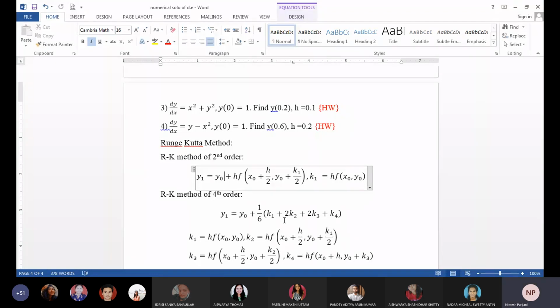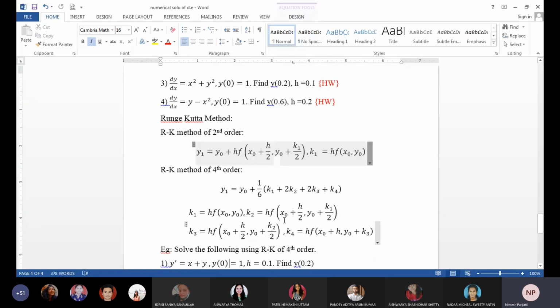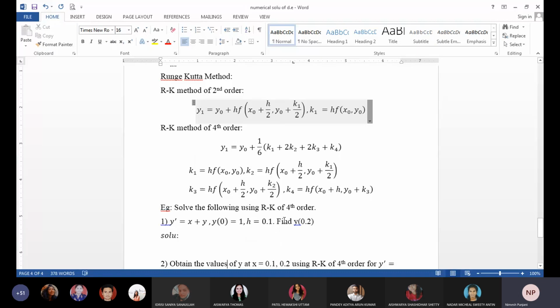So this is the formula for your y1 using RK of second order. y0 plus h multiplied by f of x0 plus h by 2 comma y0 plus k1 by 2, where k1 is h multiplied by f of x0 comma y0.